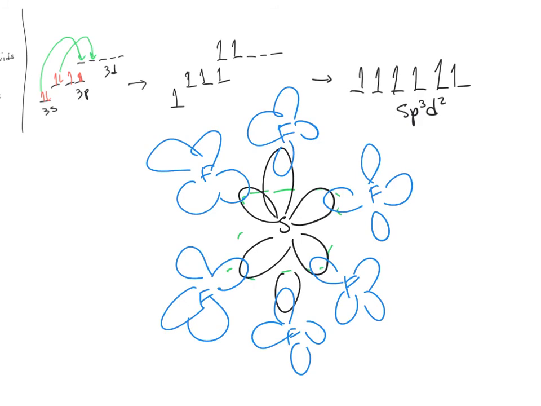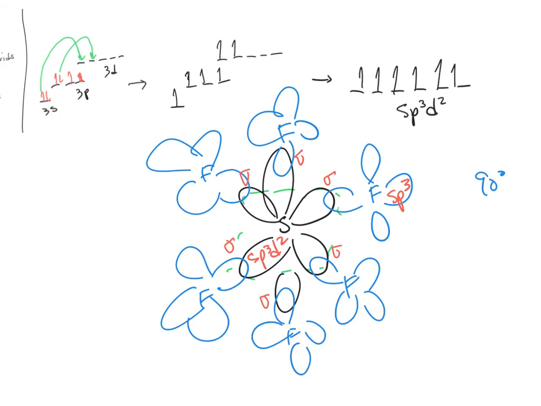You can do a better job than I can here. Bond angles are 90 degrees, and there's 6 sigma bonds here. And you can label these, and these are going to be sp3d2, all 6 of them. And you can go ahead and fill all that in.